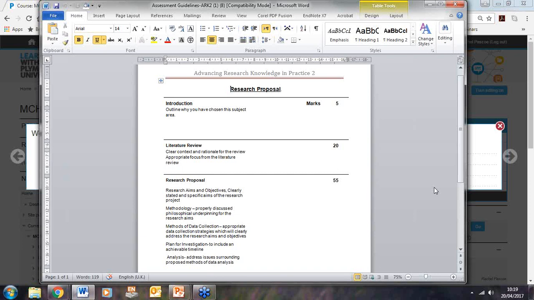And depending, Pam will go through this in a large amount of detail on Monday, but depending on who you're going to ask, what you're going to ask, or what kind of inquiry you're going to do, will depend on what sort of research ethics pathway you need to go down. So this assignment is a theoretical research proposal. So this is where I want you to outline exactly what you intend to do.